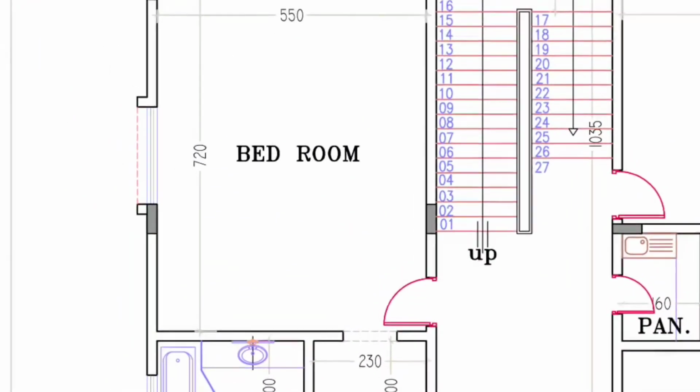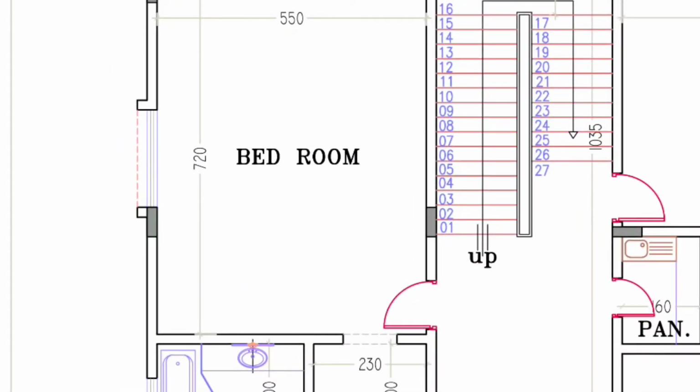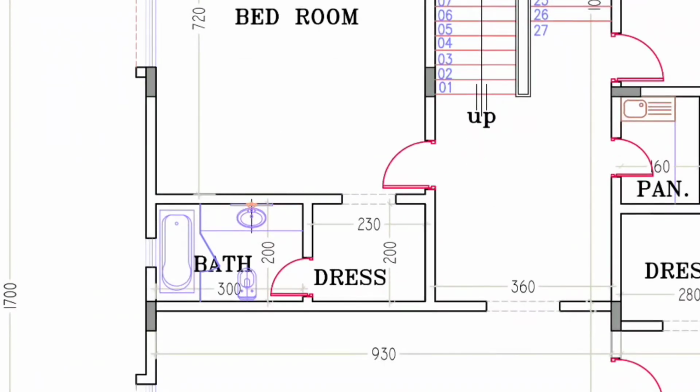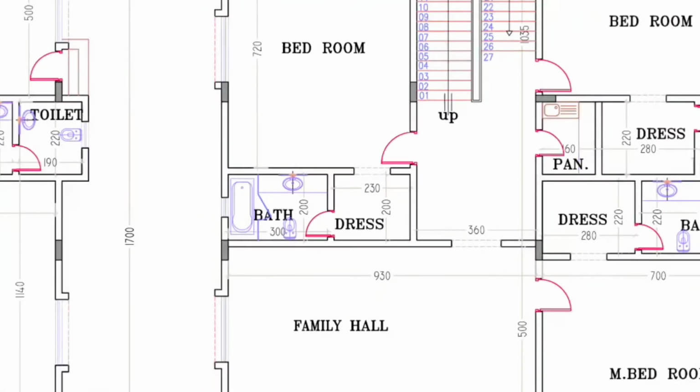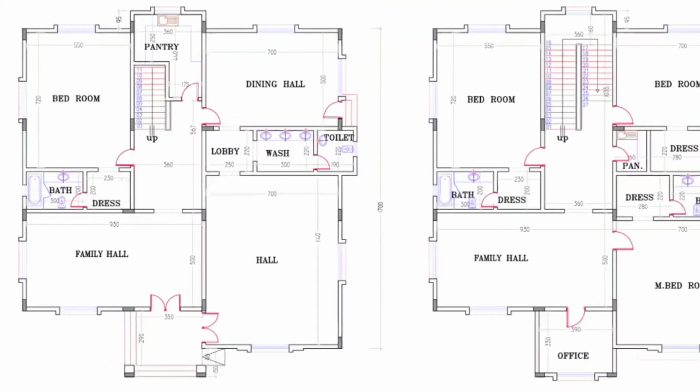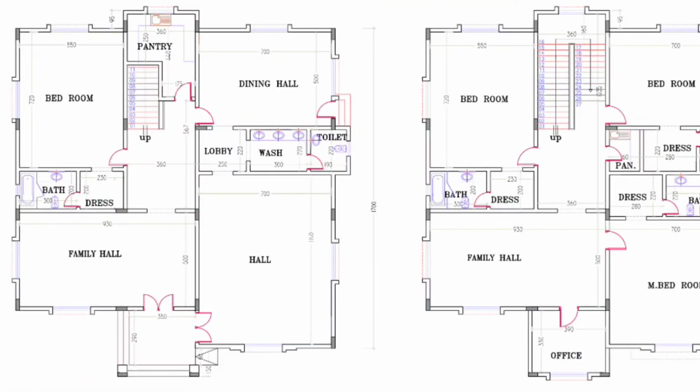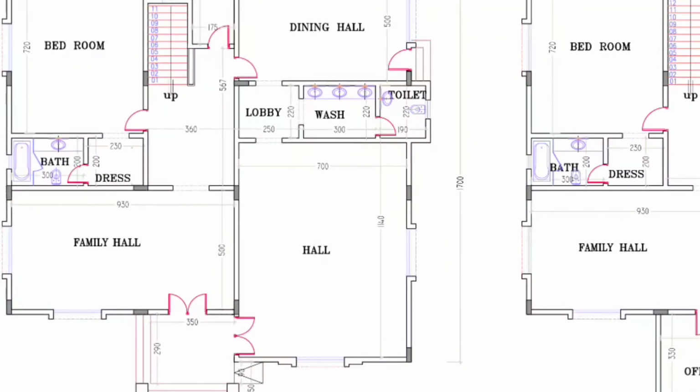Now this bedroom, 720 by 550, and this is attached bathroom, 230 by 200 centimeter, 300 by 200 centimeter.